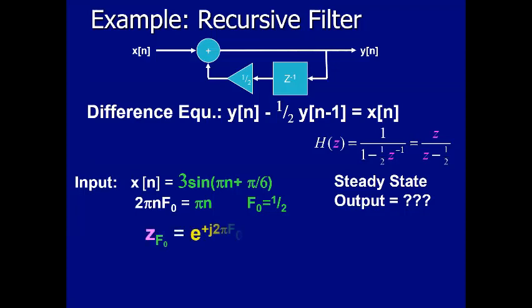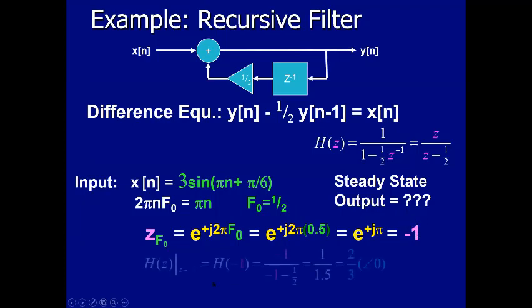So if we approach the problem that way, we have z equals e to the j 2 pi f0. Plugging in f0 as a half, that's e to the j pi, that's where we were. That's a z value of minus 1. We plug in for H of z, we put z equals minus 1 in there, and we get, it shouldn't be minus 1 in the numerator, it should be 1, or I guess it's this one, minus 1 over minus 1 minus 1/2, which gives me a 1 over 1.5, or 2/3 again.